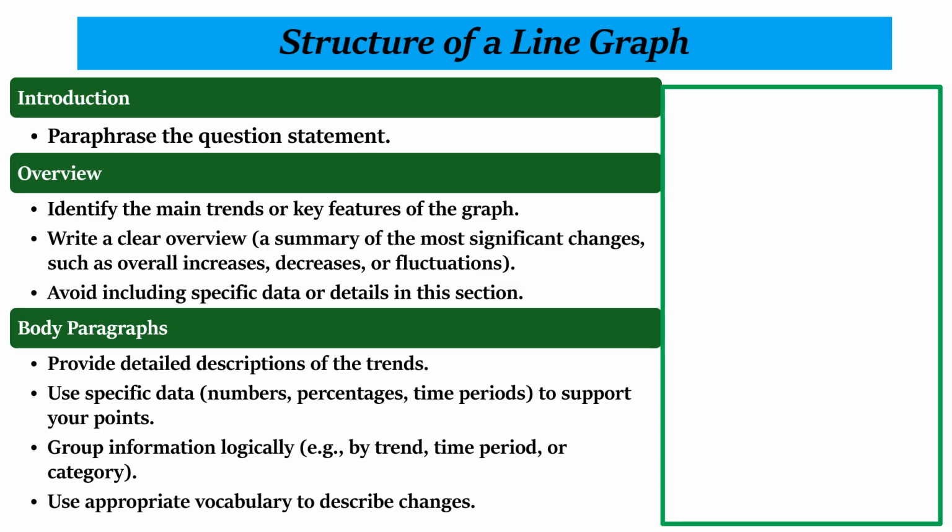Use appropriate vocabulary to describe changes. By following this structure, you'll be able to write a clear, well-organized response that meets IELTS Task 1 requirements. In the next slides, we will explore each of these steps in detail.